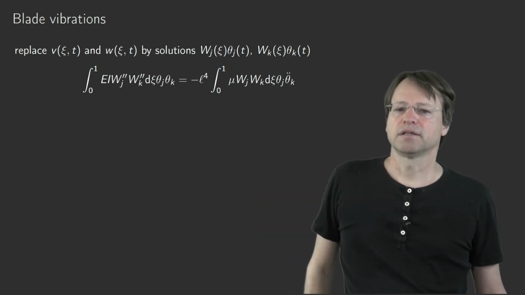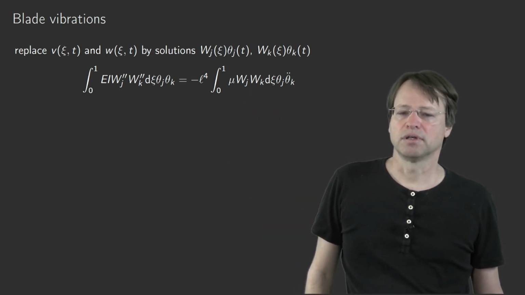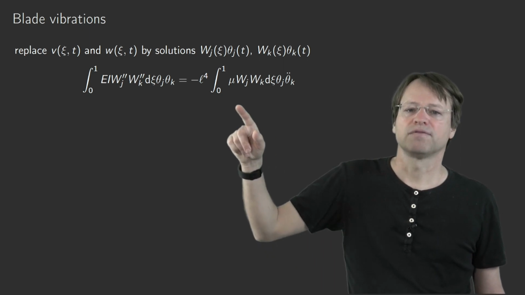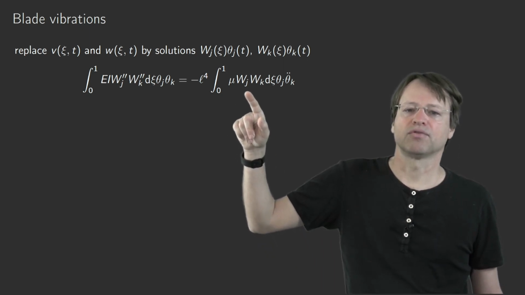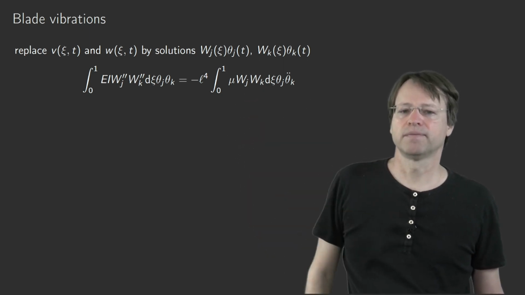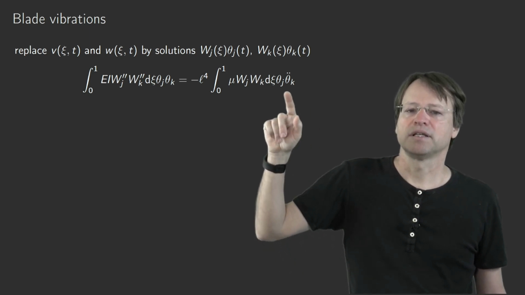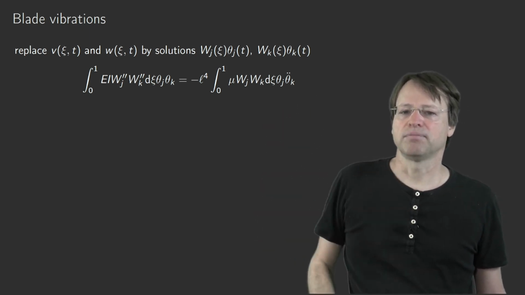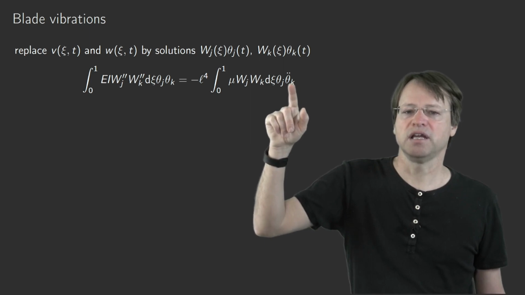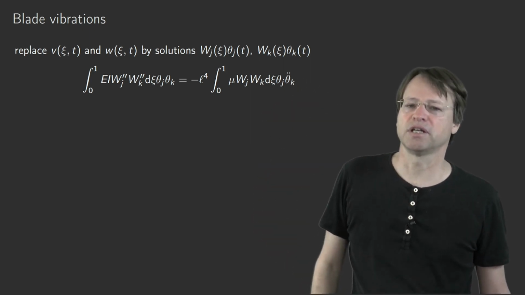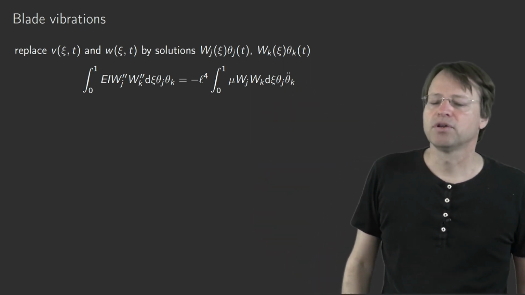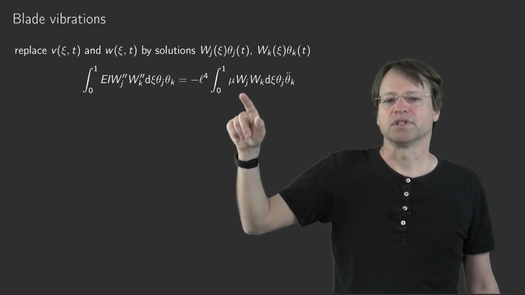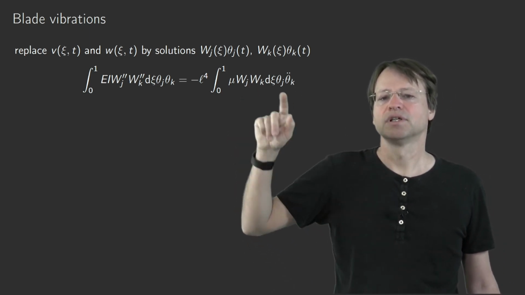On the right-hand side, the same, we insert the modes. So we have in the integral the product of W_j and W_k, which is then multiplied by theta_j, and pay attention, theta_k carries two dots. Theta_j does not carry any dot because it's the product of the second derivative of w times v.